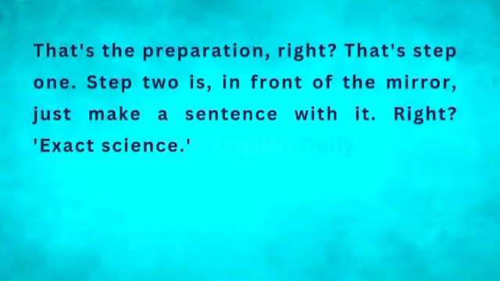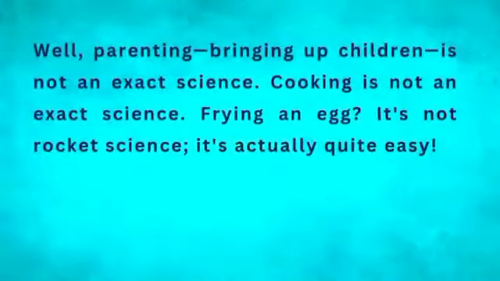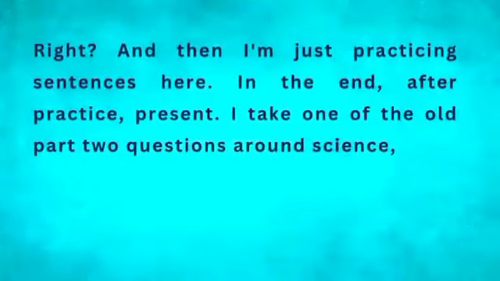Step 2 is in front of the mirror, just make a sentence with it, right? Exact science. Well, parenting, bringing up children, is not an exact science. Cooking is not an exact science. Frying an egg, it's not rocket science. It's actually quite easy, right? And then I'm just practicing sentences here.